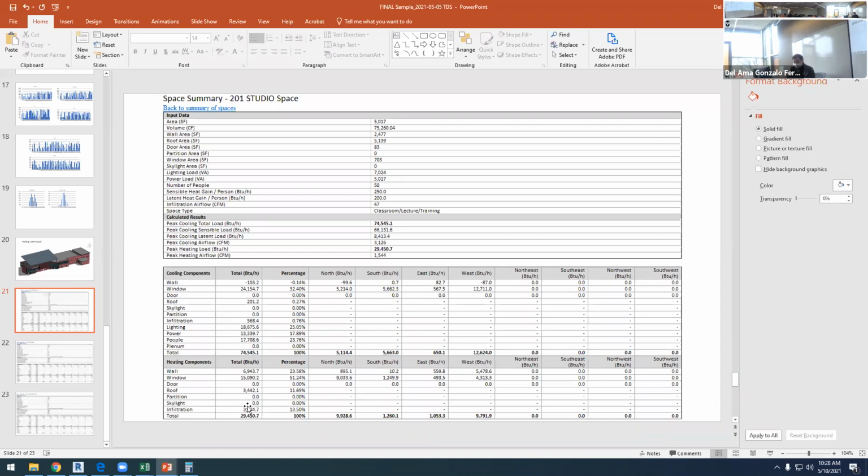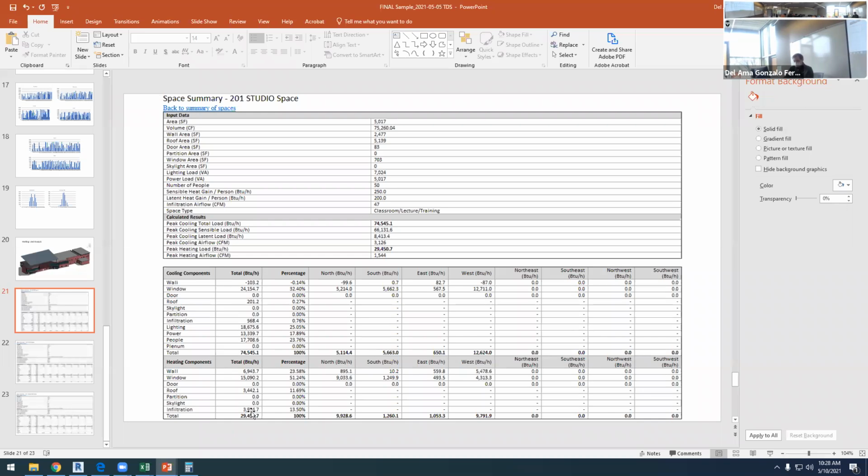But now we have infiltration. Okay, so you see that we have infiltration loads in cooling, and we have infiltration loads in heating. The heating infiltration loads are much higher than the cooling infiltration loads.